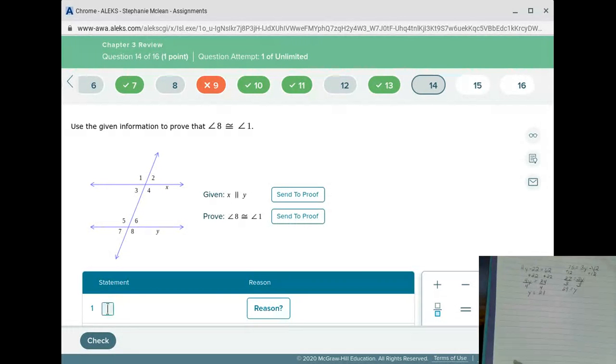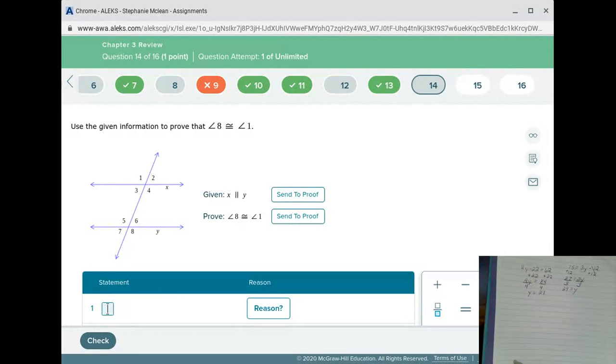You should also have a very firm grasp of the transitive property. The transitive property says if A equals B and B equals C, then A equals C. That is the transitive property. We use that a lot in our proofs.